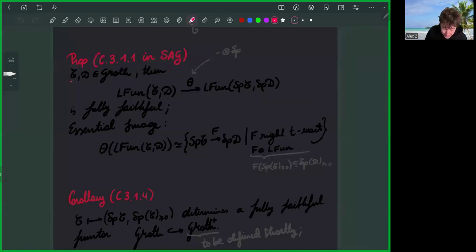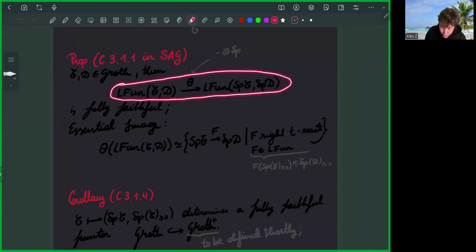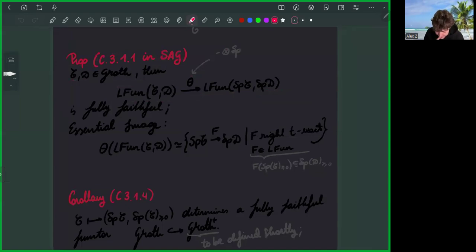The statement is, if C and D are Grothendieck pre-stable categories, then we can consider this functor, which goes from LFun(C, D), left adjoint functors from C to D, into left adjoint functors from spectrum objects of C to spectrum objects of D. And the claim is that this functor is fully faithful.